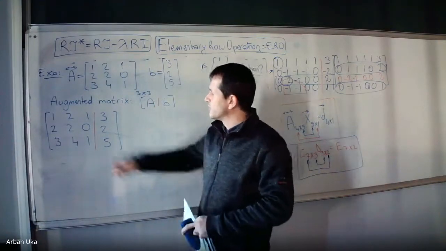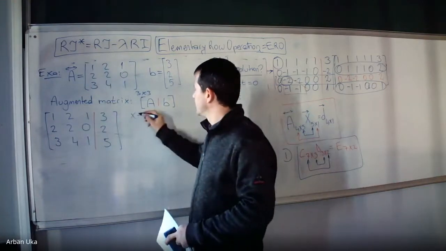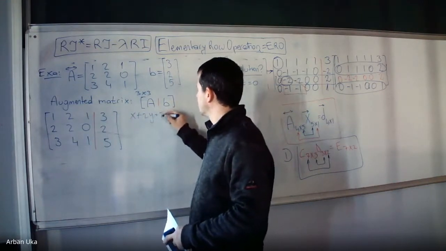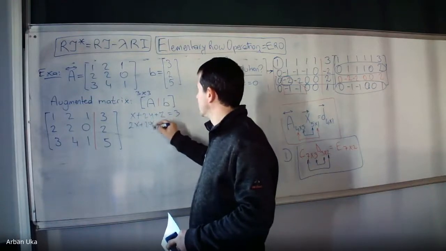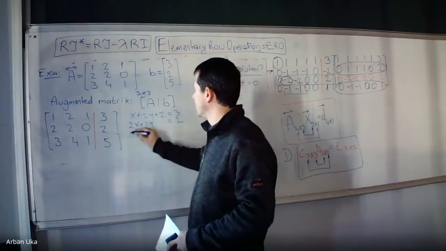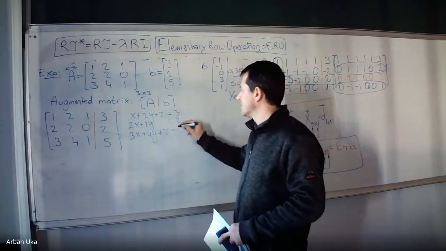How do we read them? The first equation is x plus 2y plus z equal to 3, 2x plus 2y equal to 2, and 3x plus 4y plus z equal to 5.